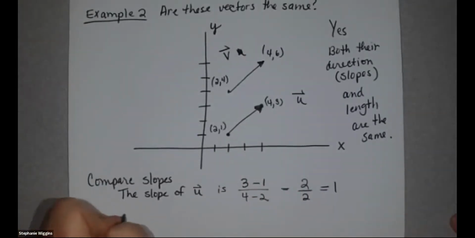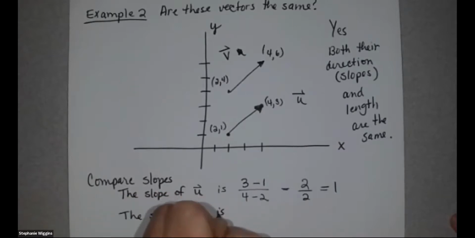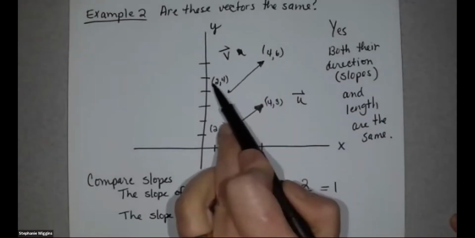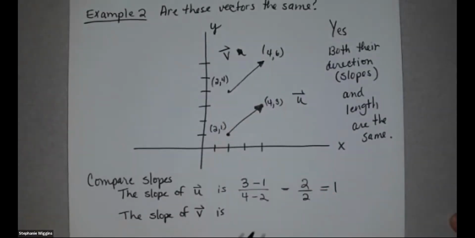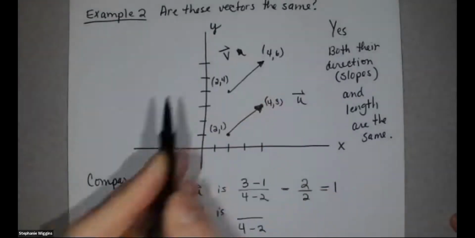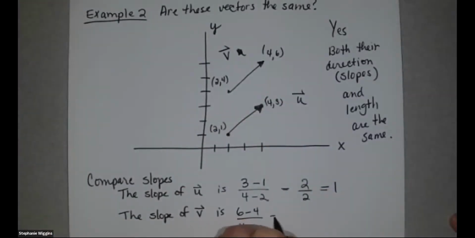And then we're comparing that to the slope of V. And you have 4 minus 2, that's going to go in the denominator. And 6 minus 4. So you're going to get 2 over 2 equals 1.